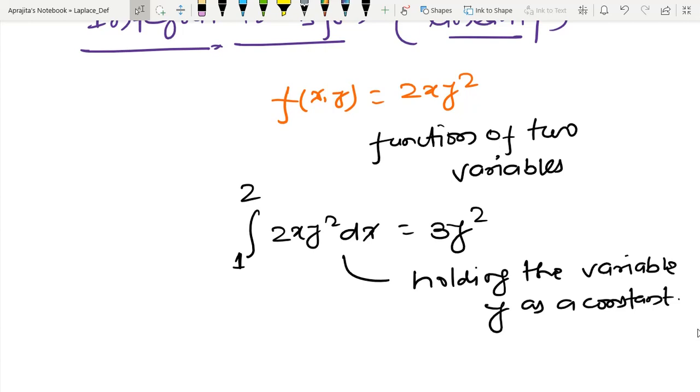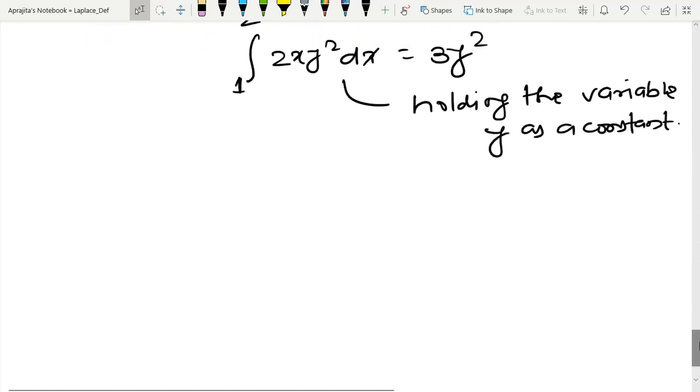Similarly, I can now define the more general integral of two variables, and the idea again is to hold one of the variables as a constant, then automatically I will get the final expression in terms of that holding variable.